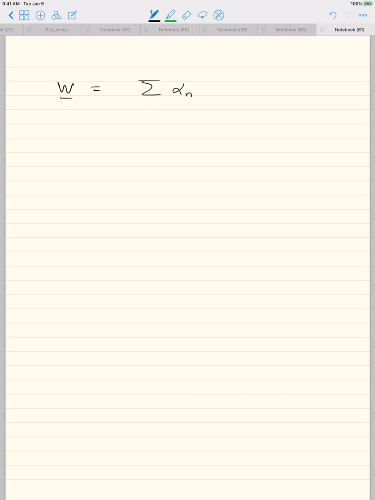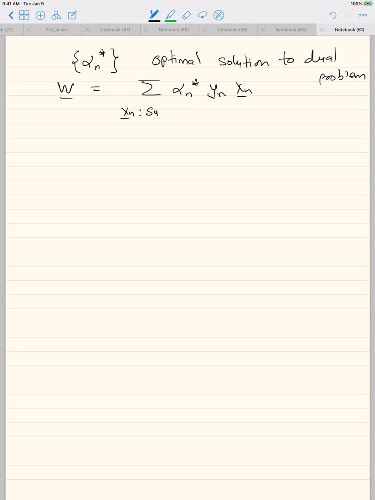If alpha n star provides the optimal solution to the dual problem, then we can find W to be the sum of alpha n star yn xn, where we sum over all xn that are support vectors.